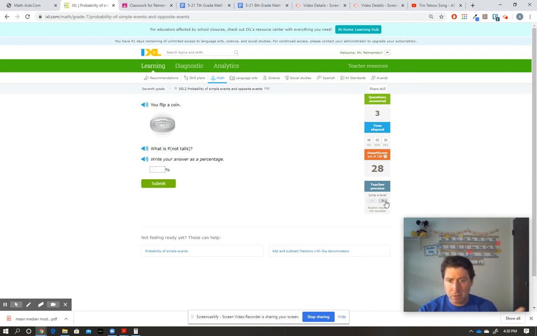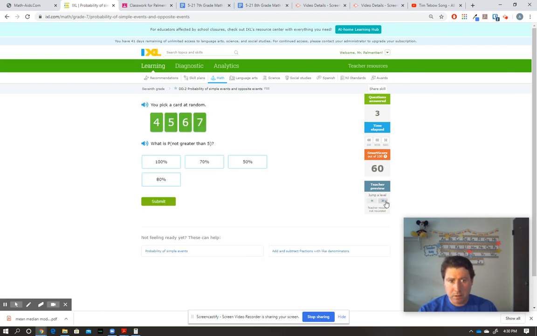All right, I'm going to jump a level here. Let's see how this gets harder. Now, again, same type of question. What's the probability of picking a card that's not greater than 5? There's only 1 card not greater than 5. So that's a 1 out of a 4 chance there. But now when I'm looking, oh, I'm sorry, I'm reading that wrong.